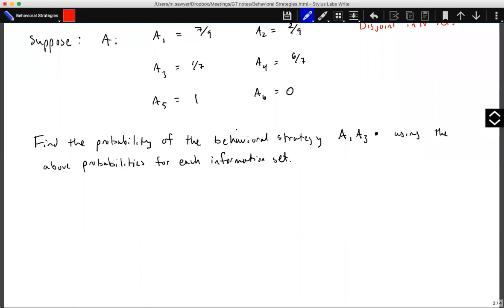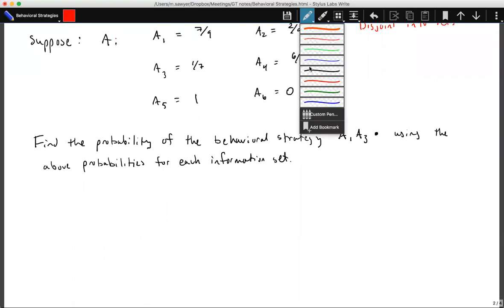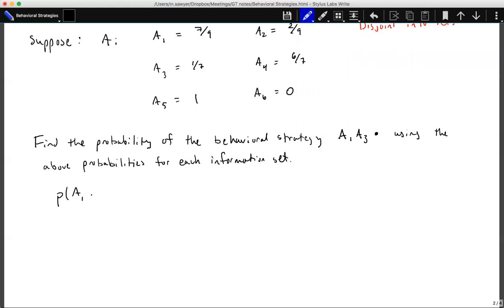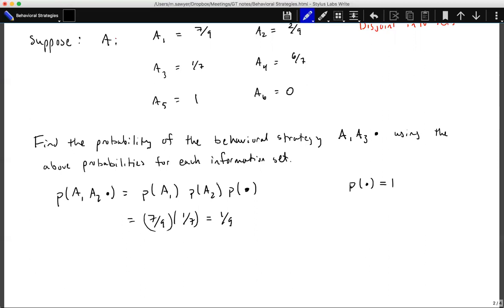So the probability of play in A1, A3, dot is the same as the probability of play in A1 times the probability of play in A3 times the probability of play in dot, where the probability of play in dot is 1 because it doesn't matter which choice we choose. So this is equal to 7/9 times 1/7, which gives us 1/9.